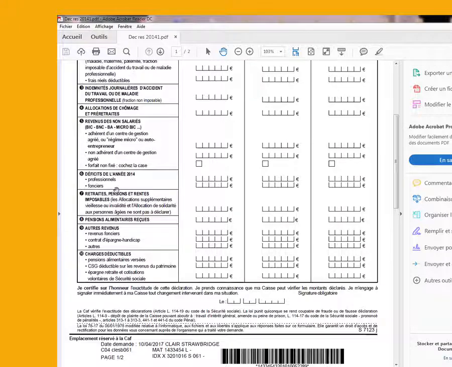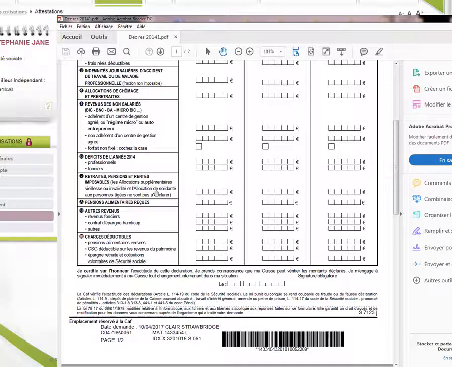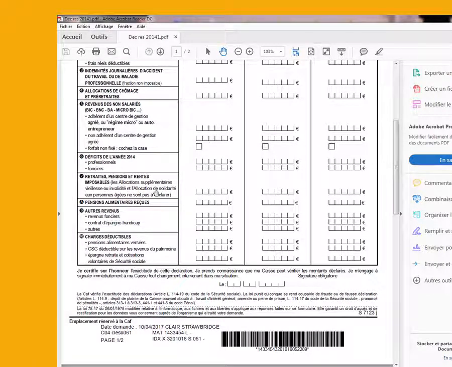For the next section, this is obviously for professionals who have a deficit. You would put that amount in for professionals and for rentals. Under section 7, that is for people who are retired or receiving pensions. Section 8 is if you are receiving anything for children, for alimony.